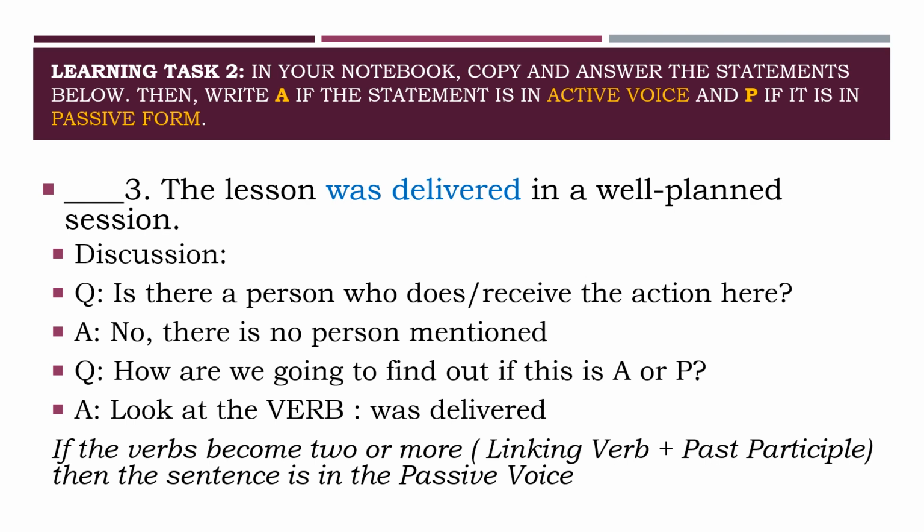Look at the verb. Our verb is was delivered. Now, take note of this. If the verbs or the action word becomes 2 or more, which was linking verb plus past participle, then the sentence is in the passive voice. Therefore, number 3 is passive.